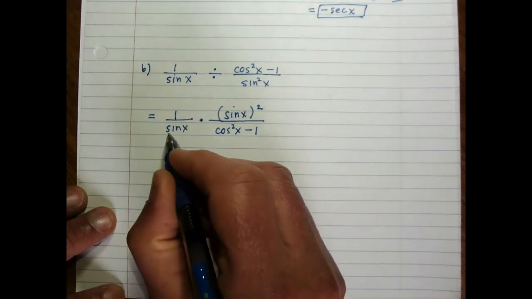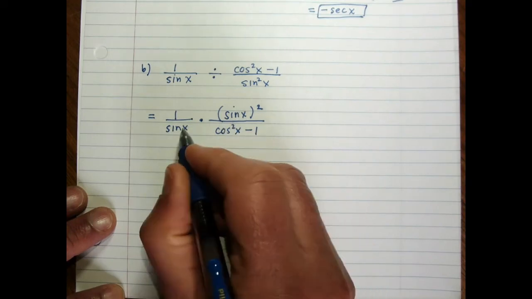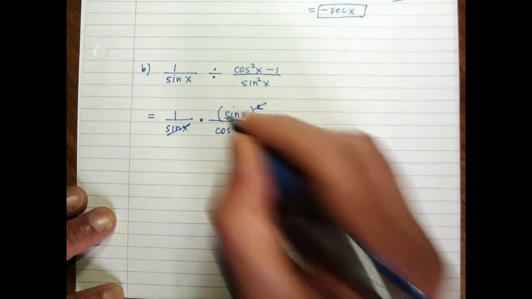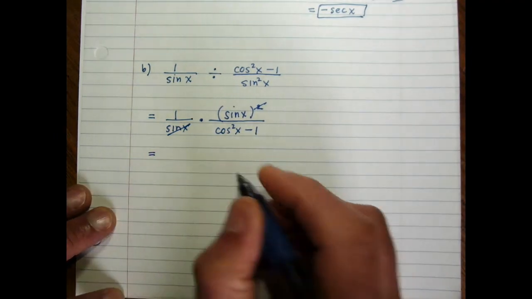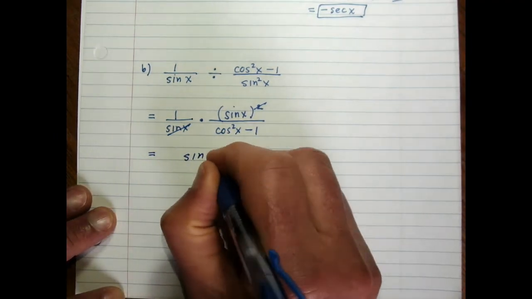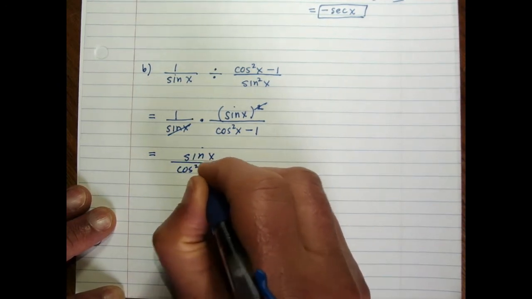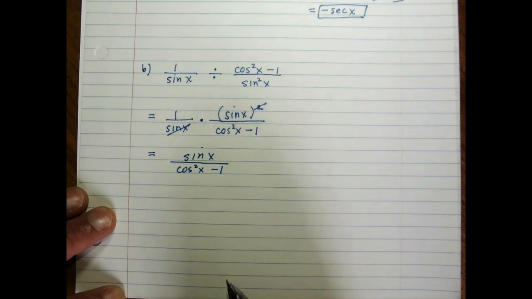Got to think about what I could do with that. Now I can cancel a factor of sine above and below. I'm still left with one factor of sine up above, so I have sine x over cosine squared x minus 1.